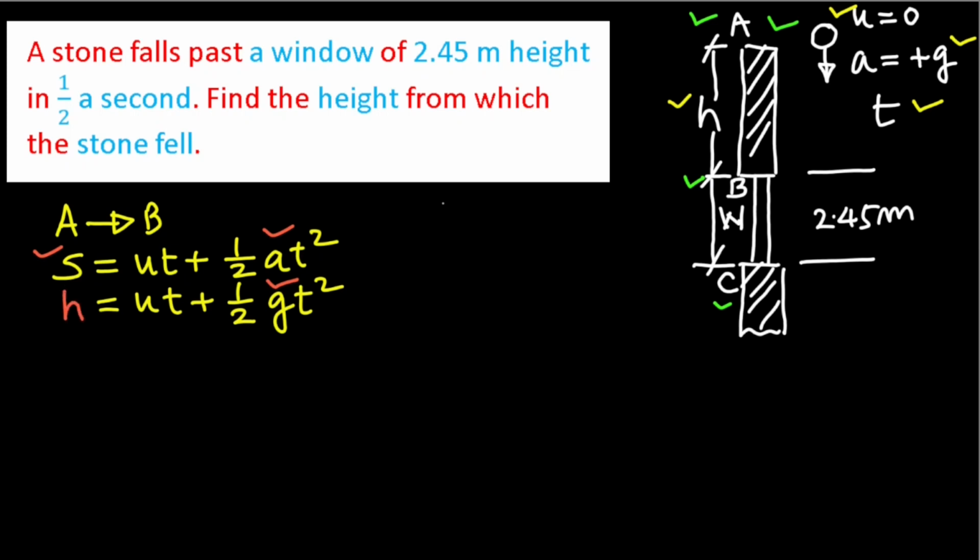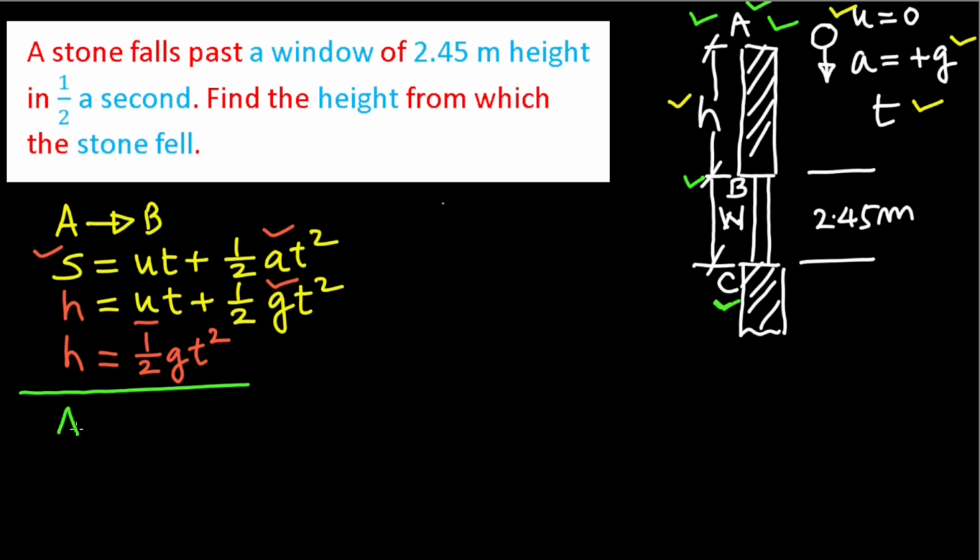Since the initial velocity is 0, we get h equals half gt square.